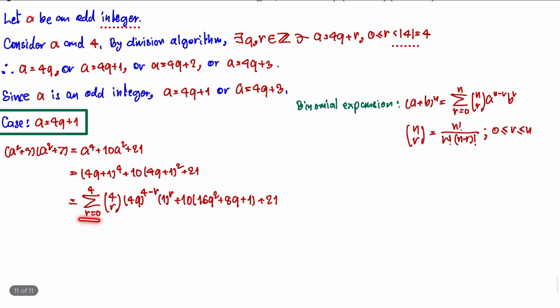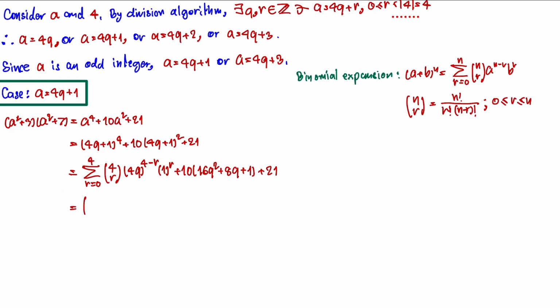Now let's expand this term. We have 4 choose 0, so it's just (4q) to the 4. When r is 0, 1 to the r becomes just 1. Next we have 4 choose 1, times (4q) raised to the power of 3, because when r is 1, you have 4 minus 1.